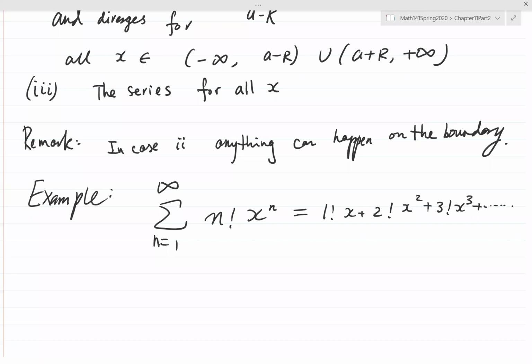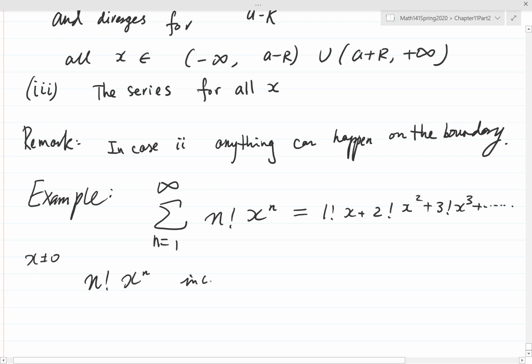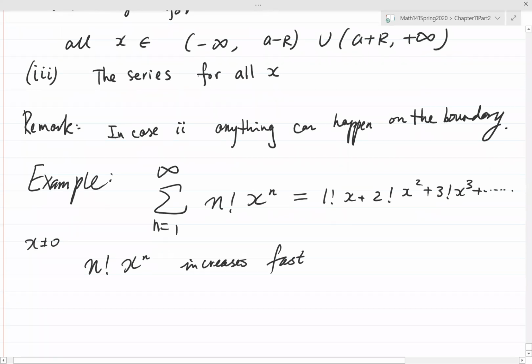If x is non-zero, then the general term n factorial x to the n can be big and increases fast, so the general term does not approach 0.